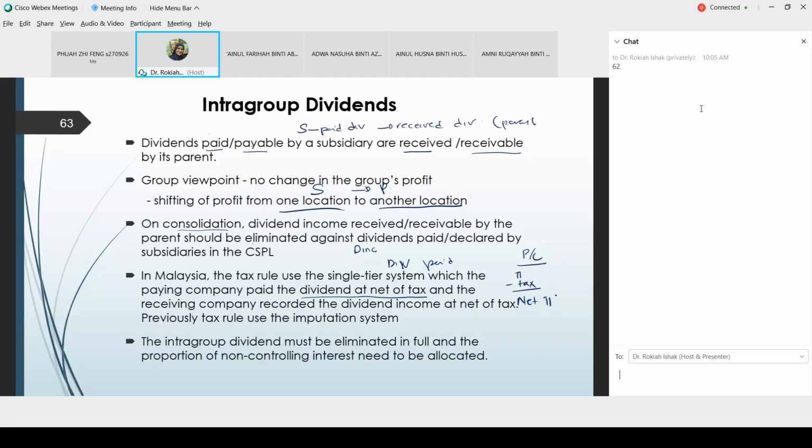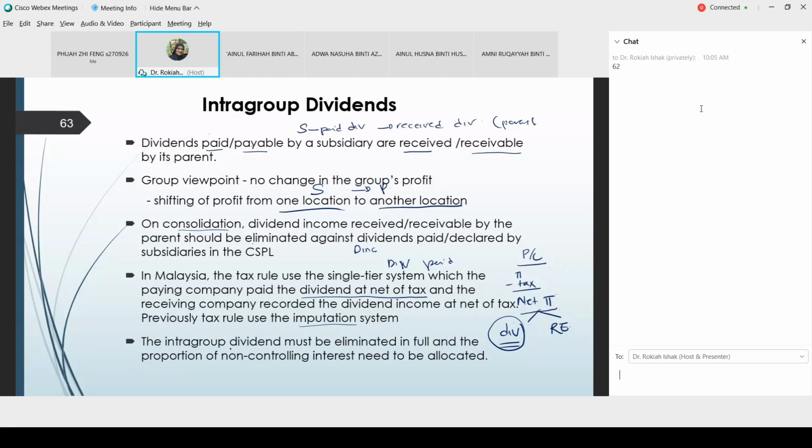From that net profit we pay dividends, or keep some in the company as retained earnings. So the dividend is already net of tax because it is paid from the net profit. We don't use the imputation system; we use a single tier system.